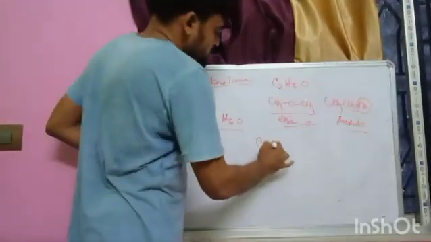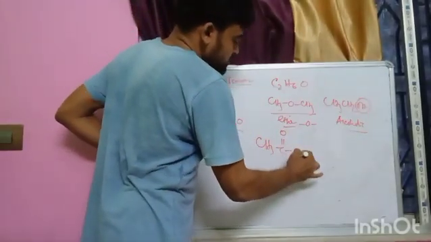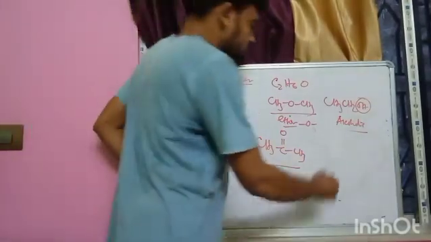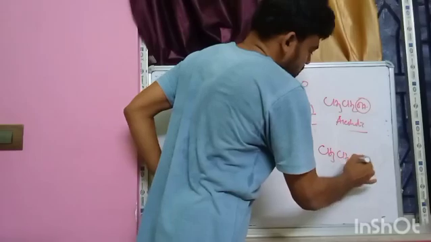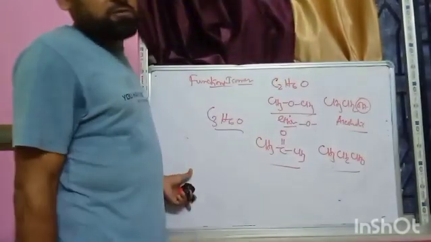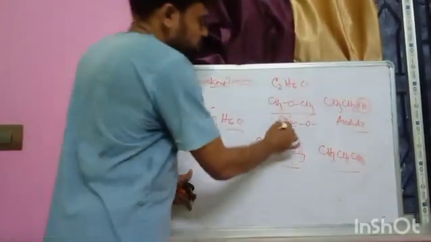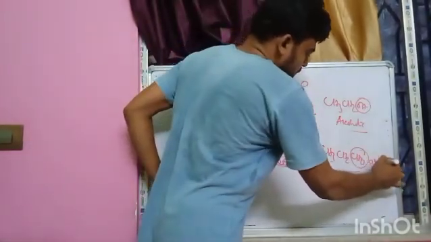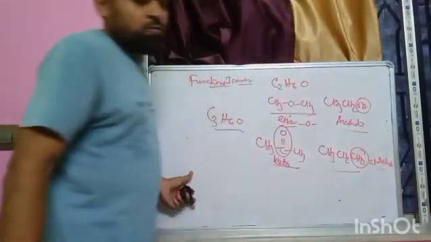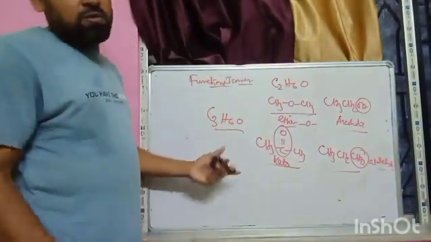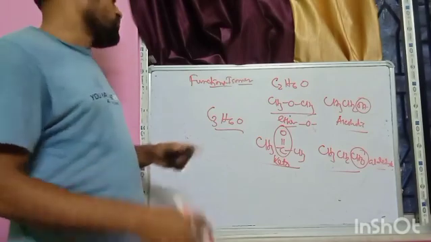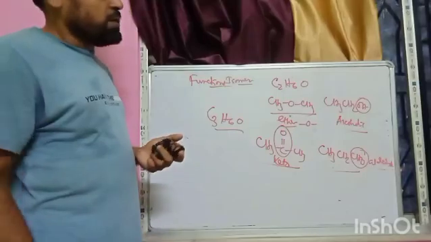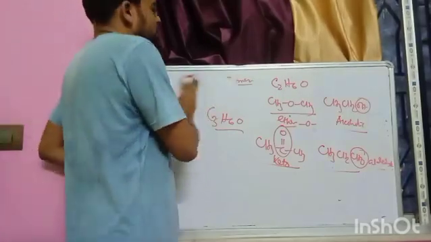Here CH3COCH3, that is C3H6O, and the another is CH3CH2CHO. One is a keto group, and the other is an aldehyde group. One is aldehyde and another is keto. These are different functional groups. So these are called functional isomers or functional group isomers. Another is metamer.